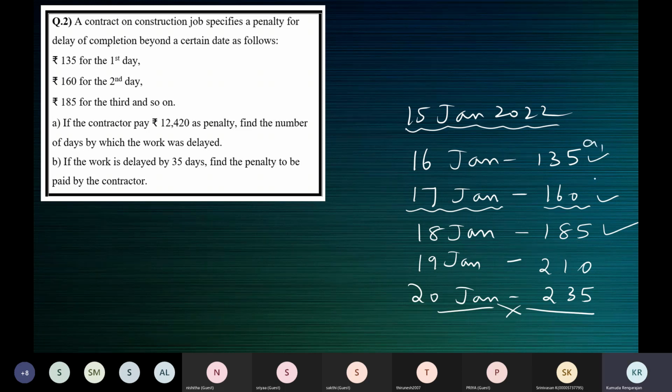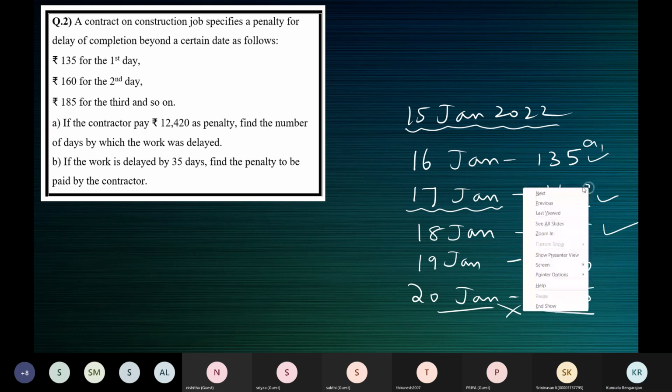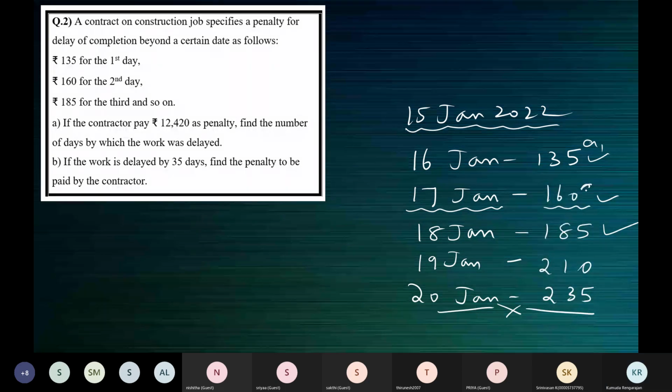A1, A1. What is this? A2, A3, A4. So what forms the terms of the AP?